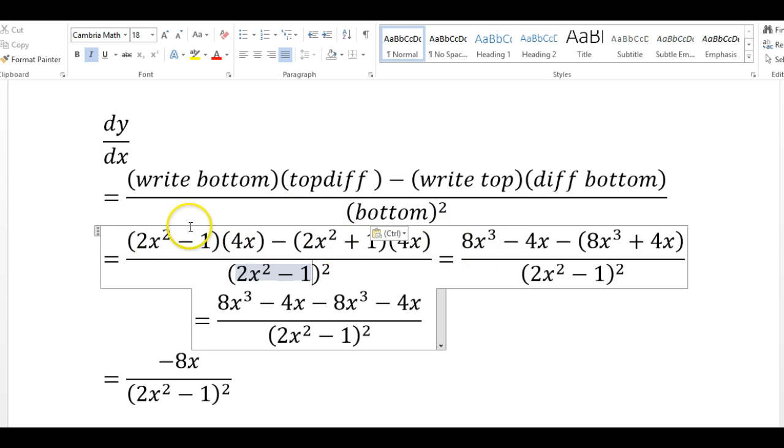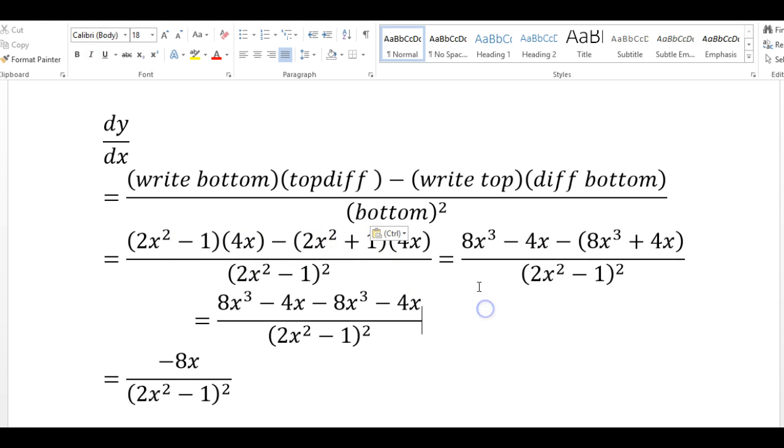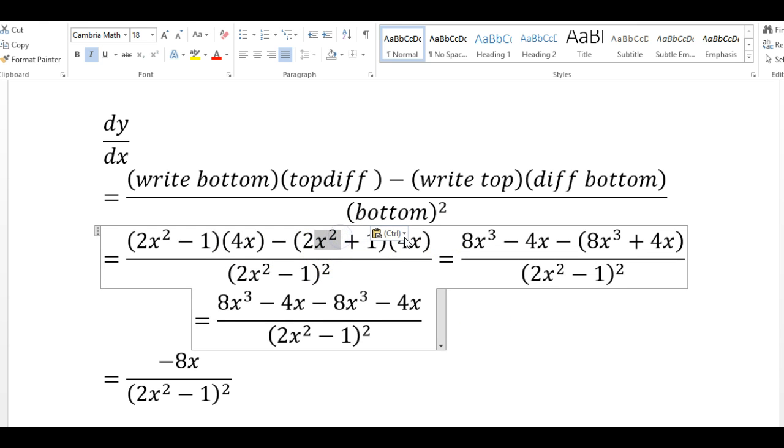So 8x cubed plus 4x, divided by 2x squared minus 1 squared, right?